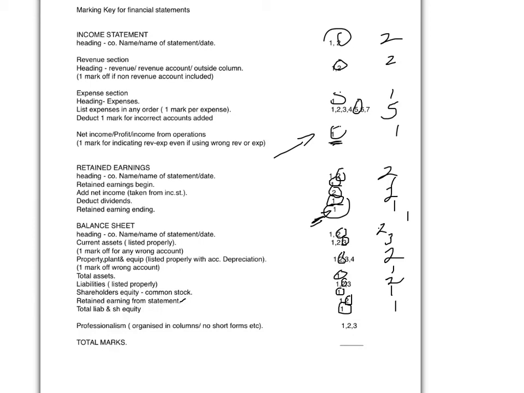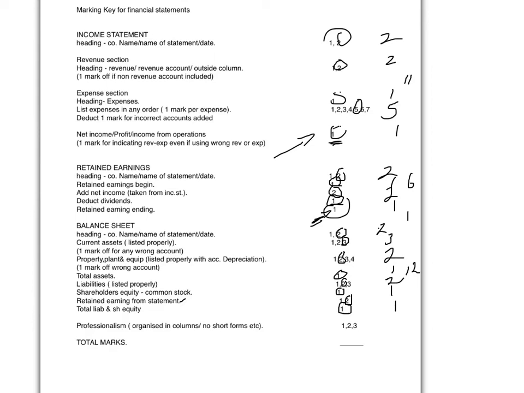So for the balance sheet, you can see we have 5, 7, 8, 10, 12 marks. So up here, for the income statement, 2, 4, 6, 11 marks. For the retained earnings, 6 marks. And for down here, 12 marks. So we have a total here of 29. Then professionalism.